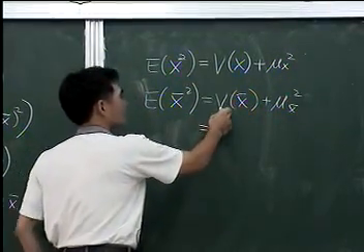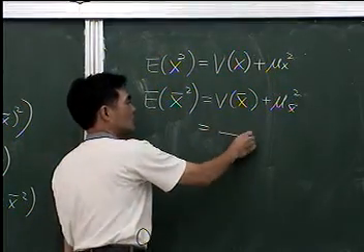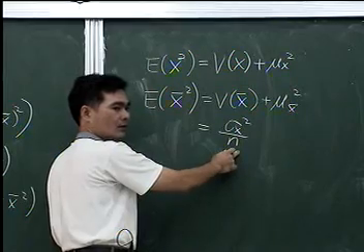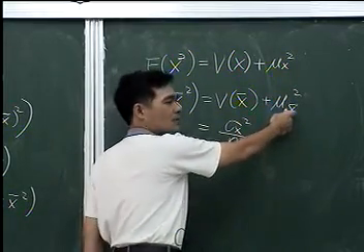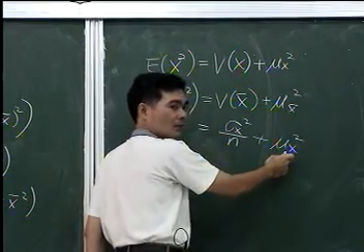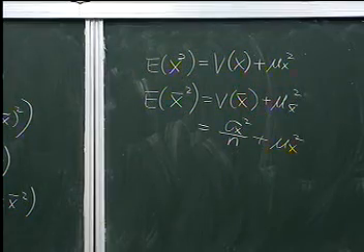But what is the variance of x bar? The variance of x bar is equal to sigma squared over n, right? And mu x bar is mu x, right?